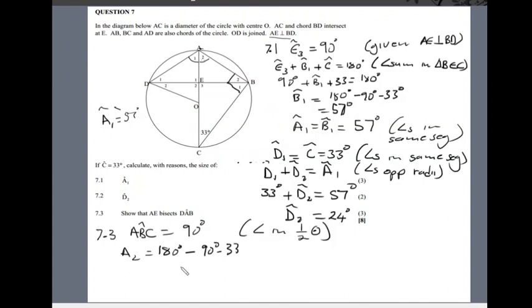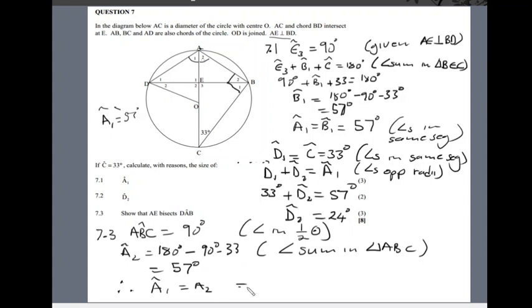Right? And then my reason will be angle sum in triangle ABC. Okay, so 180 minus 90 minus 33 will be 57 degrees. So therefore A1 is equal to A2.